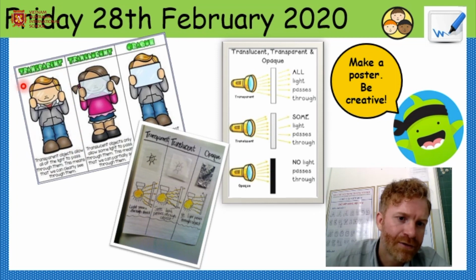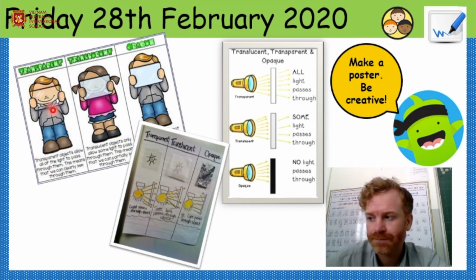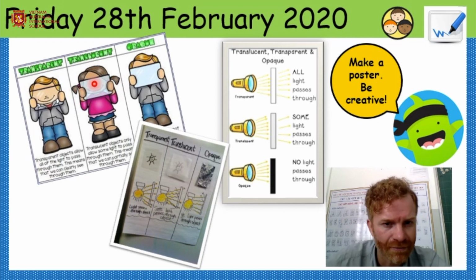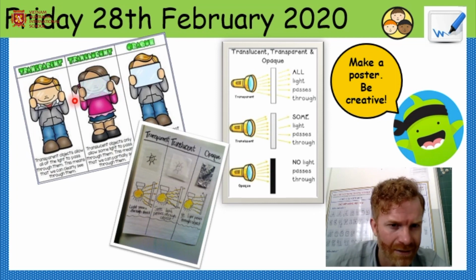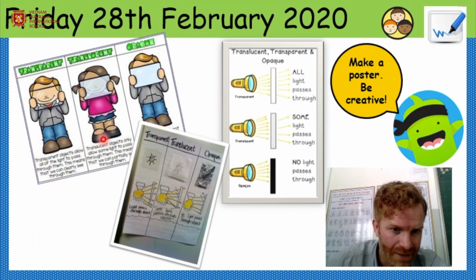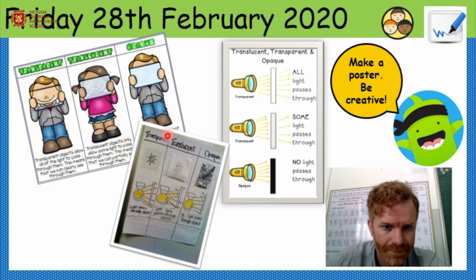Now, the boy who's holding the transparent piece, you can see his face all the way through, no problem. The girl holding the translucent piece, you can see some of the face, but not all of it. It's not as clear as this one. And the one who's holding up the opaque material, you cannot see any of their face. That is a really, really good poster that shows that you really understand everything that's going on. And they've even put a little definition underneath.